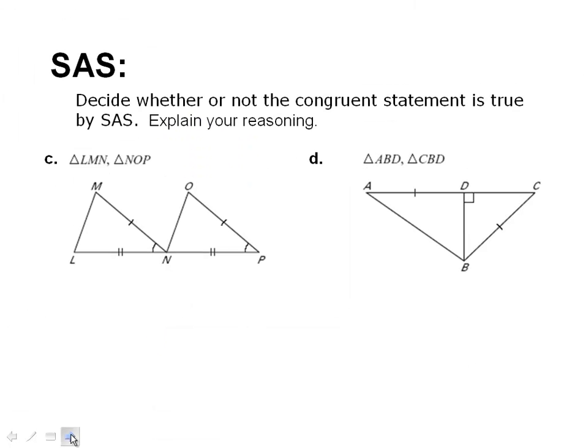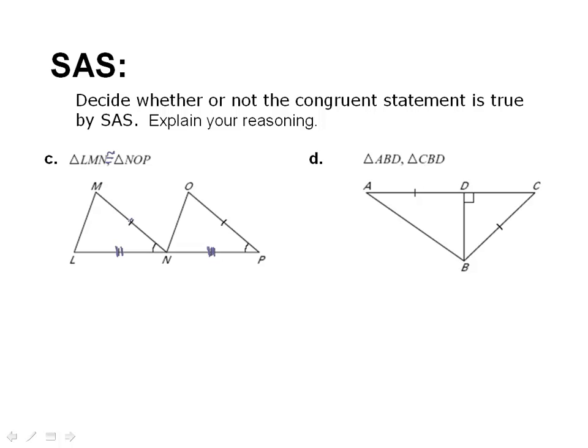So flip your page over and let's try this one. It says, decide whether or not the congruent statement is true by side, angle, side, and explain your reasoning. So we want to know, is triangle LMN congruent to triangle NOP? We know that LM right here is congruent to NP because we've got the 2 markings.